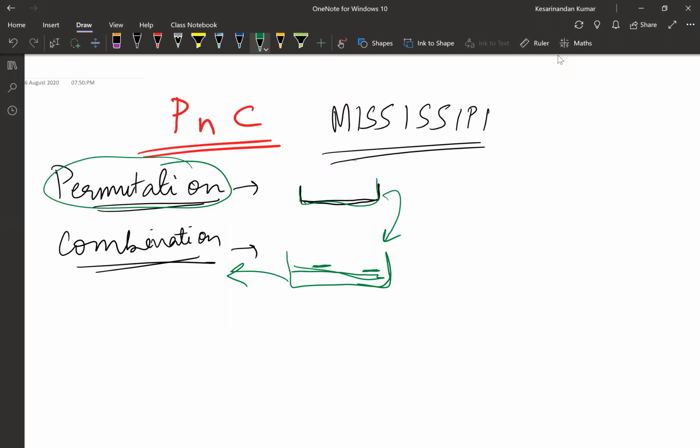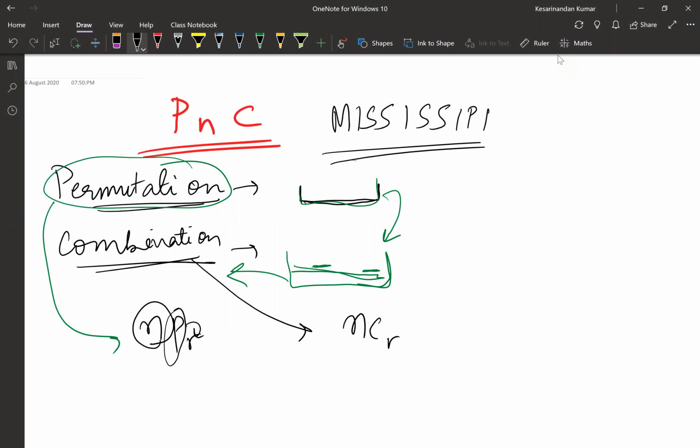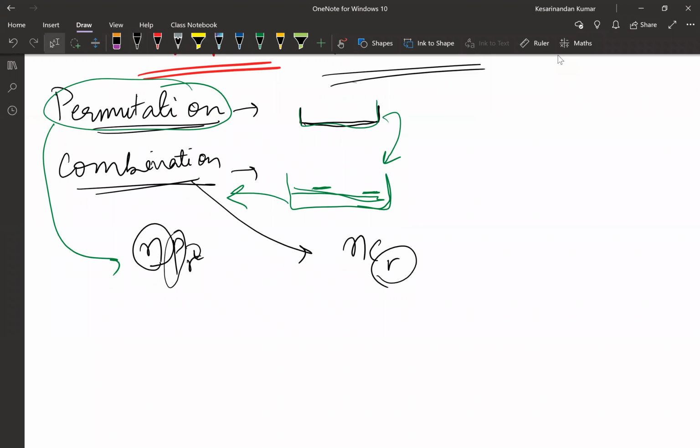The general formula for any permutation will be nPr, where P is the notation, where out of n objects, I am using permutation on r objects. And for combination, it will be nCr, where out of n objects, I am trying out different combinations using r at a single time. And how is it defined? nPr is equal to n factorial upon (n minus r) factorial.